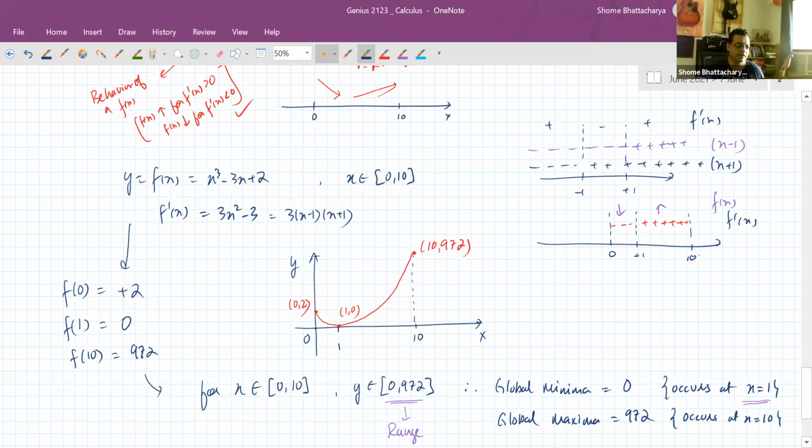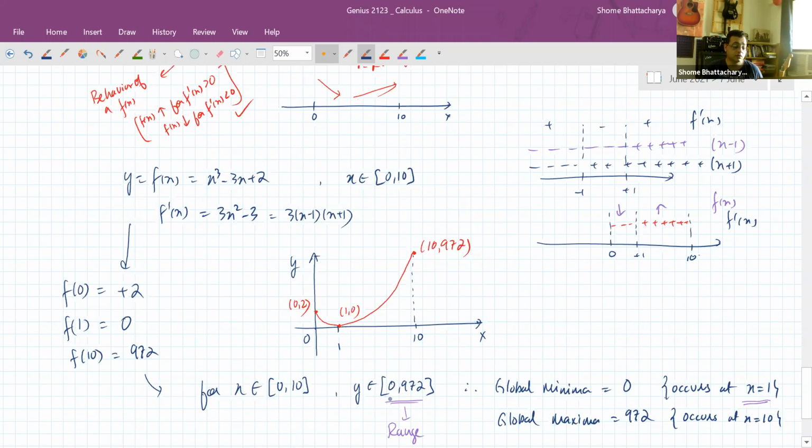Now suppose I had taken an open interval, Janvi, to answer your question, that x belongs to open interval 0 to 10, so greater than 0 and less than 10. Then we would have said that the global maxima tends to 972 as x tends to 10, because x will not take the exact value of 10, so y will not take the exact value of 972. So if this had been an open interval, then y would also have an open interval.